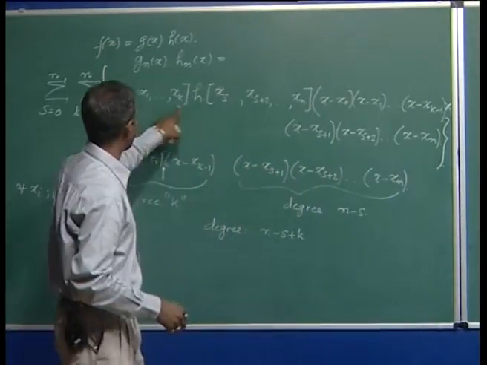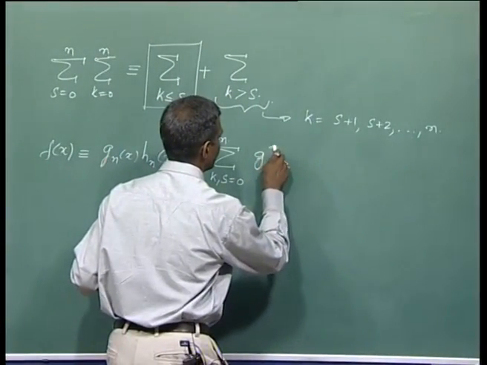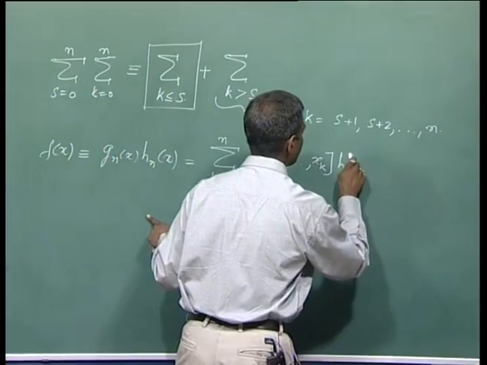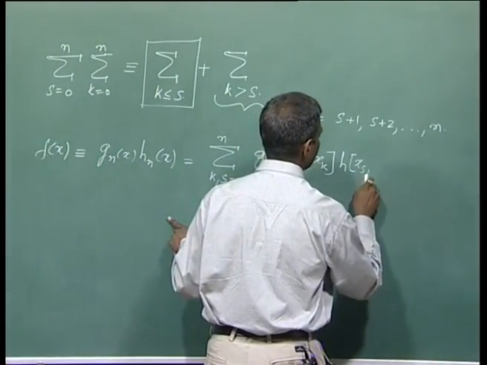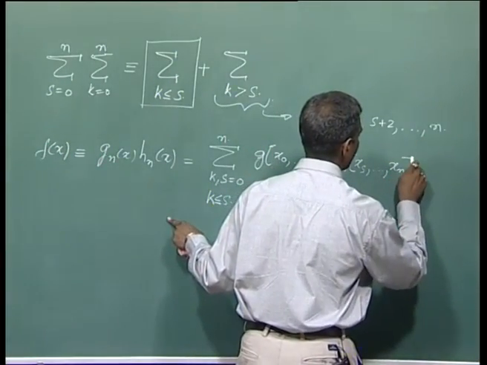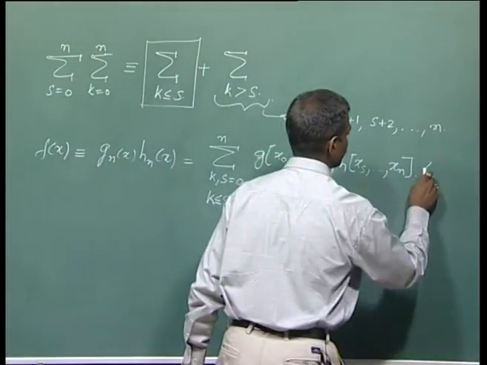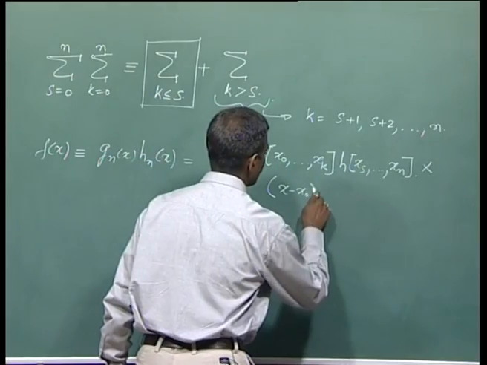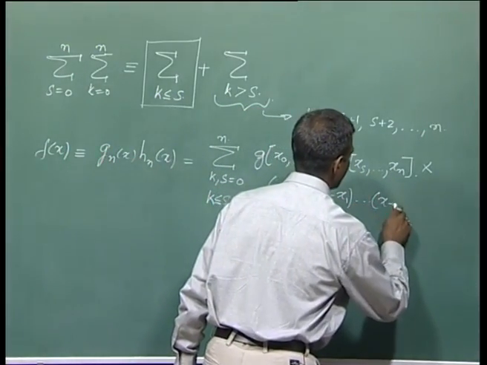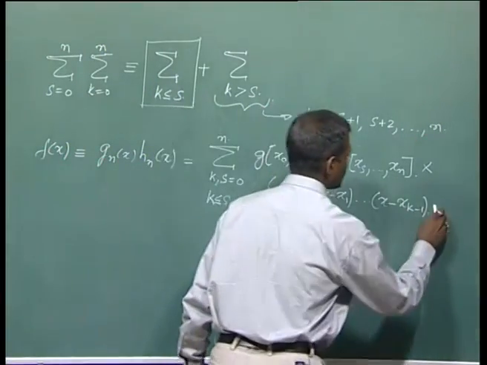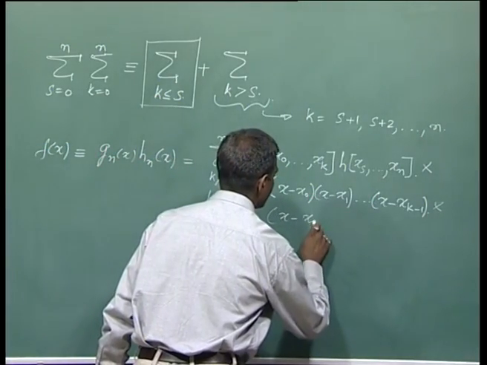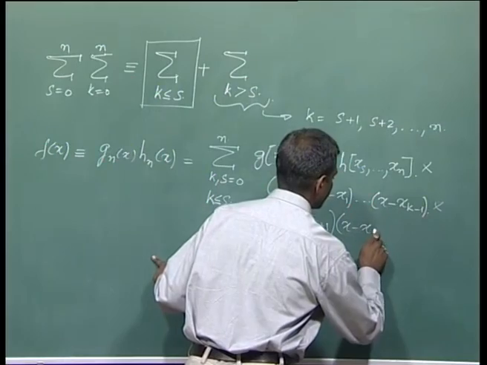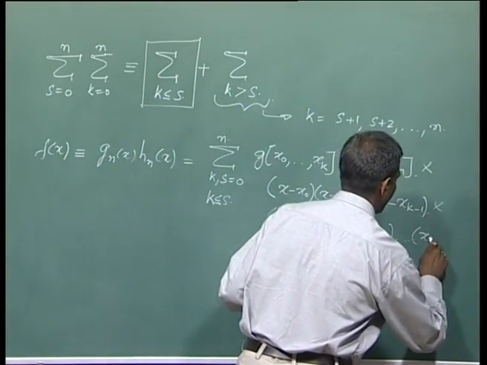And then we have terms involving the divided differences, g[x0 to xk], h[xs to xn], times the terms involving x: x minus x0, x minus x1 up to x minus xk minus 1, times x minus xs plus 1, x minus xs plus 2 up to x minus xn.